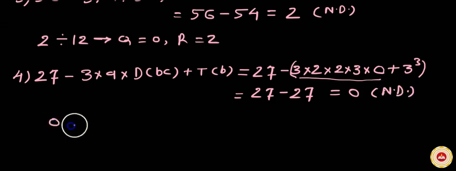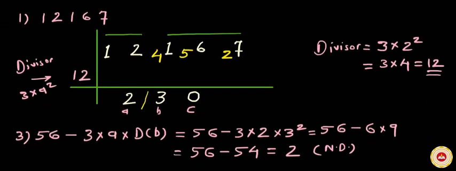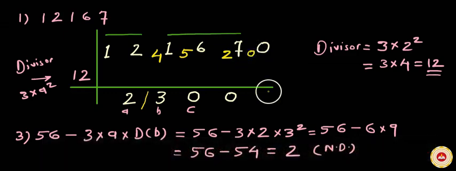So let us divide this 0 by divisor 12, which gives us quotient 0, remainder 0. Let us write quotient 0 below this 27 and remainder 0 as a prefix to this 0, to the right side.